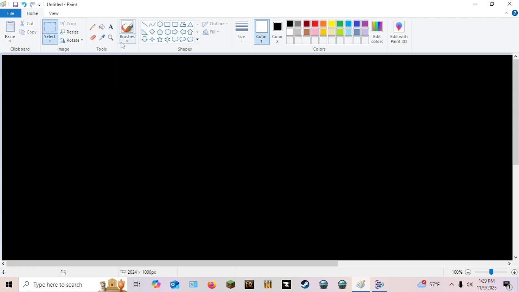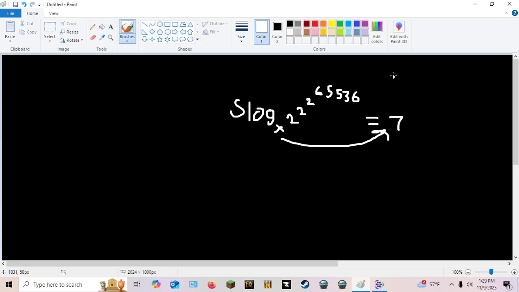Okay. Let's do one more. The super logarithm base x of 2 raised to 2 raised to 2 raised to 65,536 equals 7. Let's convert to tetrational form. x tetrated to 7 equals 2 raised to 2 raised to 2 raised to 65,536.